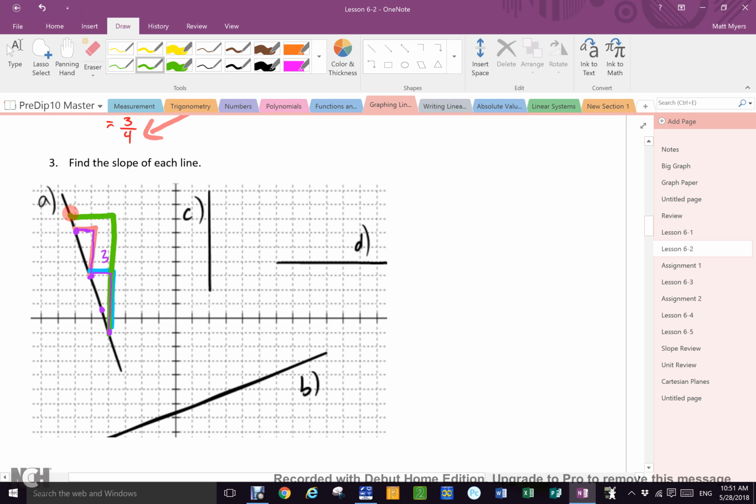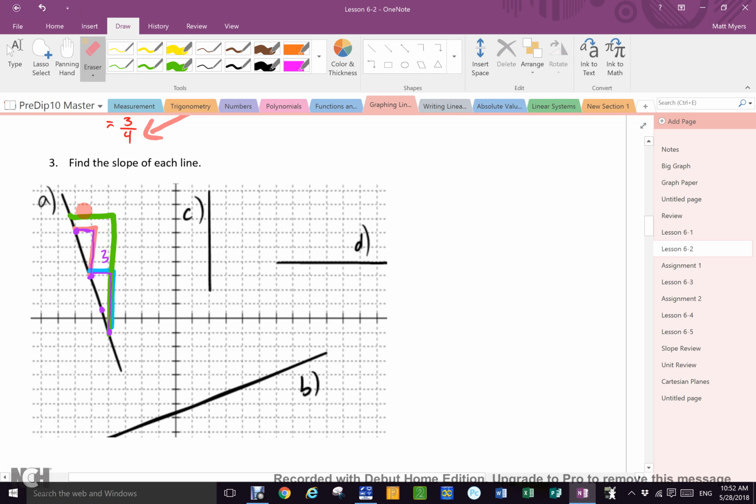Who gets the best mark? 7 over 2 kid. Who's right? No. No one is. Who's right? Everyone, because they all showed me they understood rise over run. Who gets the 4 out of 4? Green, pink, or blue? Green. Does everybody understand?